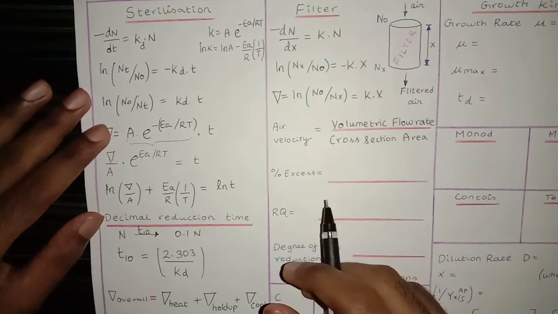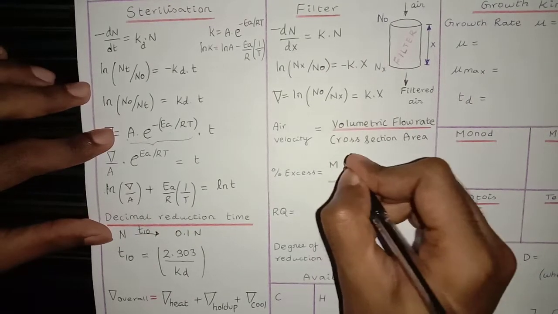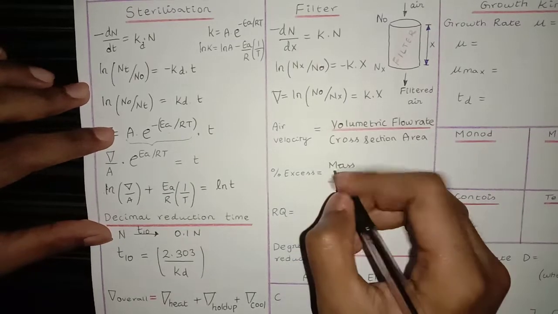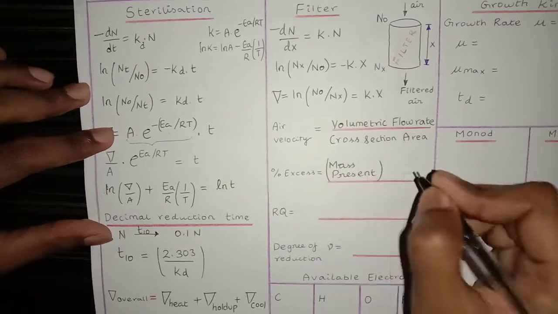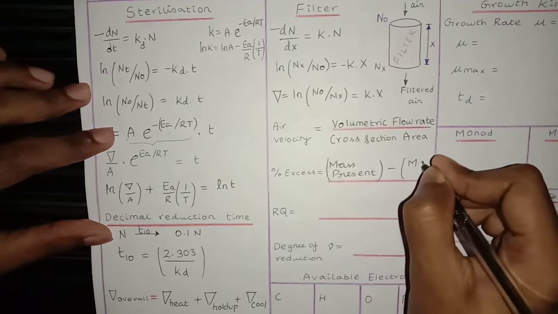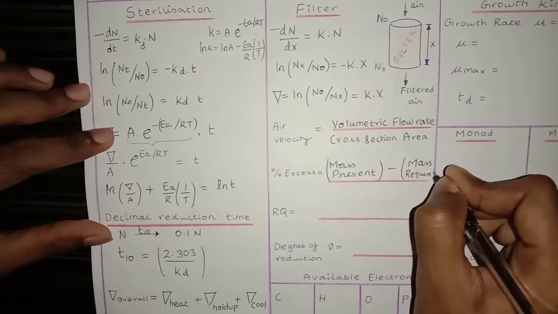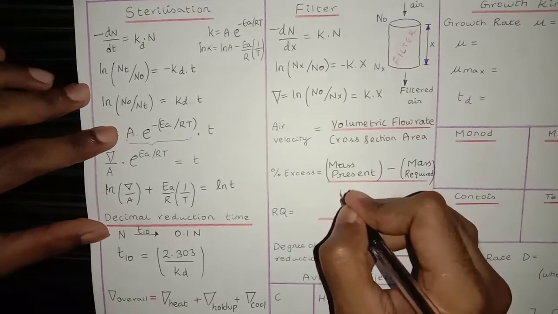Percentage excess. Percentage excess is the mass of the reactant that is present minus the mass that is required theoretically, divided by the mass required.